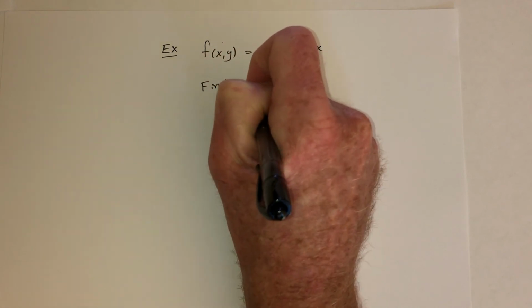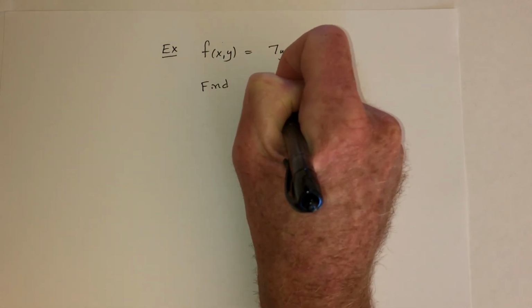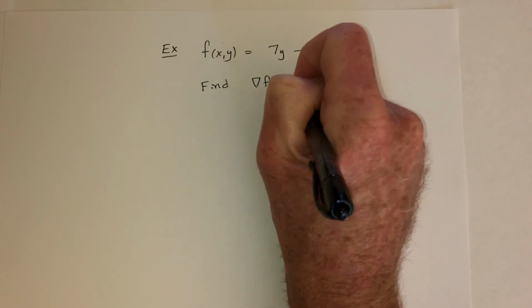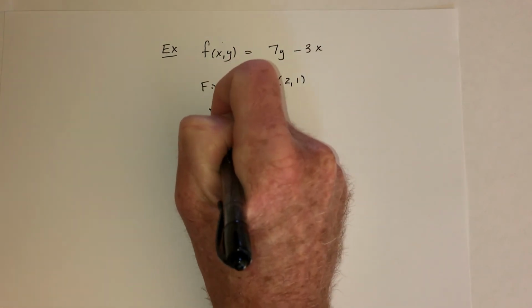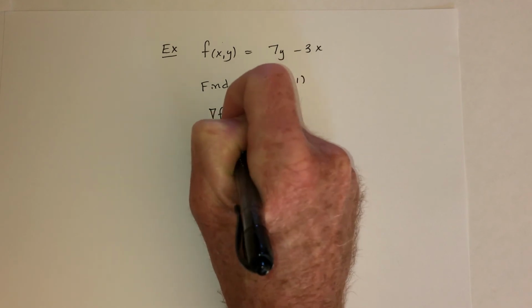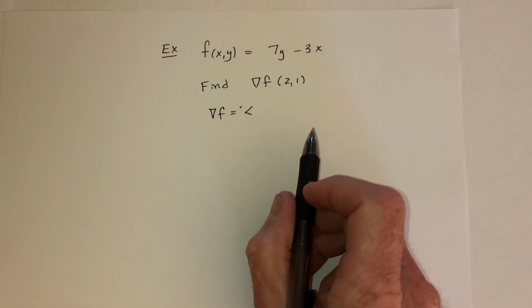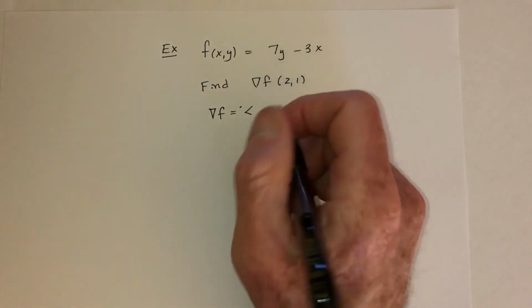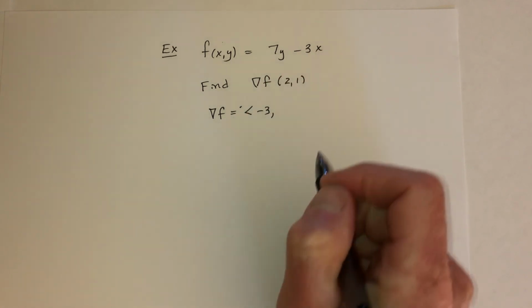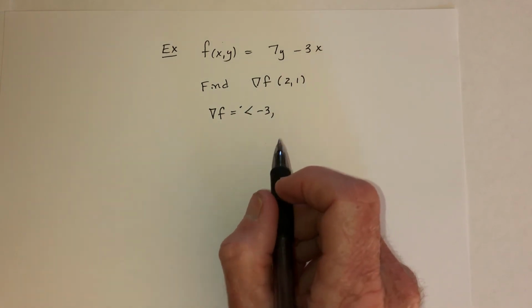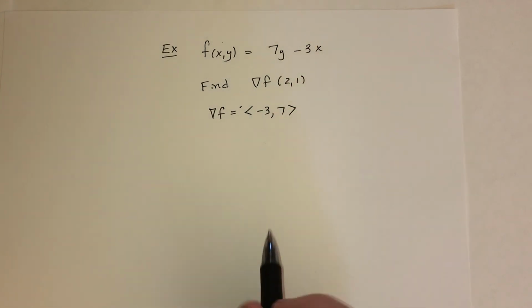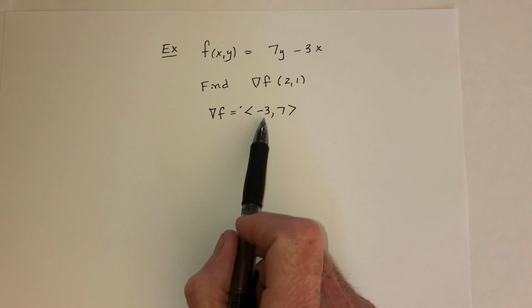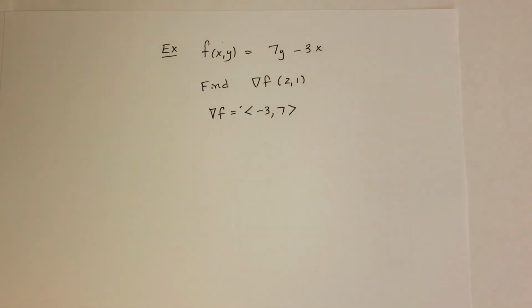Find the gradient at the point 2, 1. So first of all, for the gradient, take the derivative with respect to x. So that is just going to be negative 3. Take the derivative with respect to y. So that is going to be a 7. And then plug in a 2 and a 1. And it doesn't change it. There's nothing to plug in.